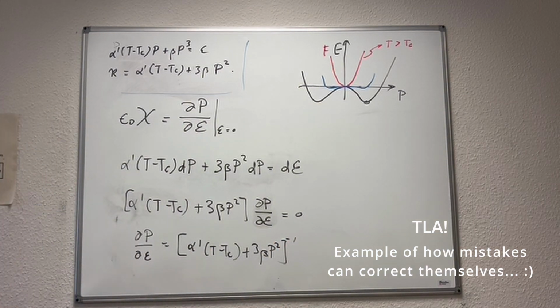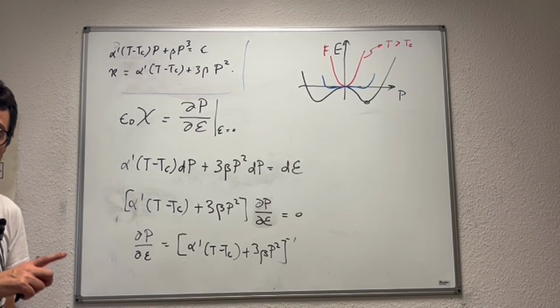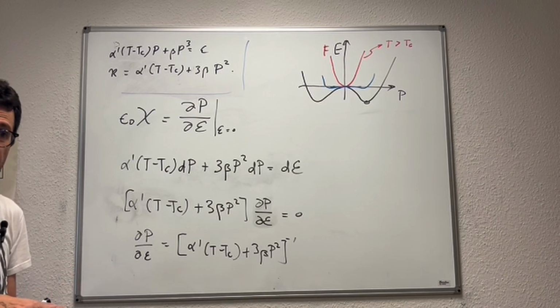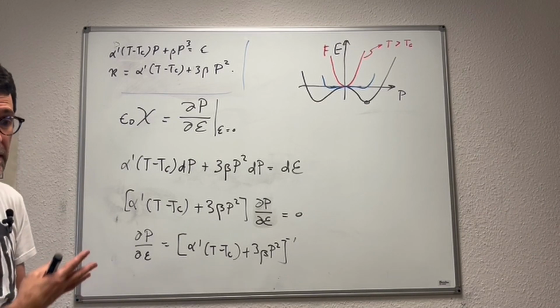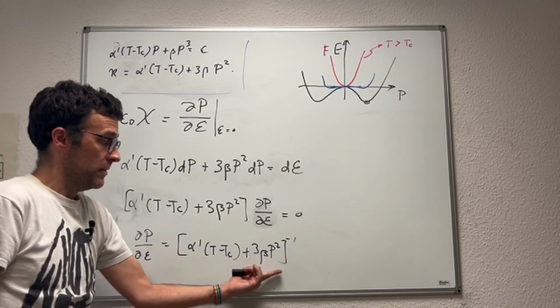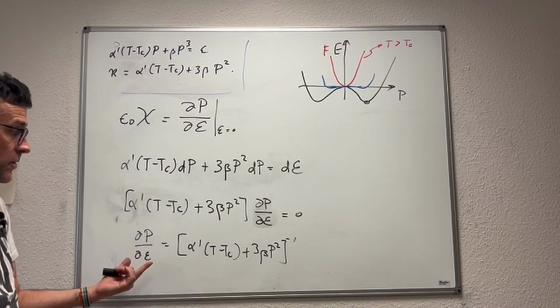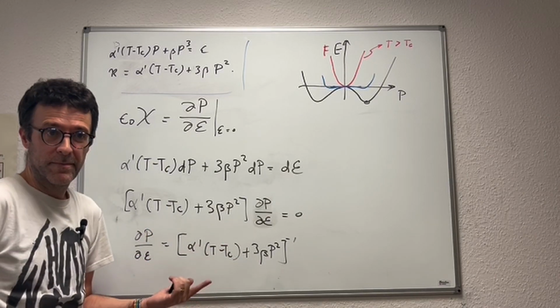Now this expression is general. Here we are not saying anything about the temperature at which we are. This has to be true for any temperature. Actually, this expression is also independent of the electric field, because never have we imposed that the electric field is equal to 0.